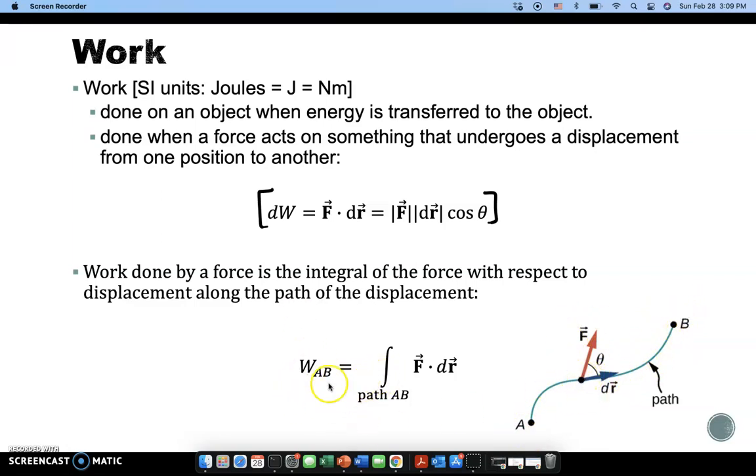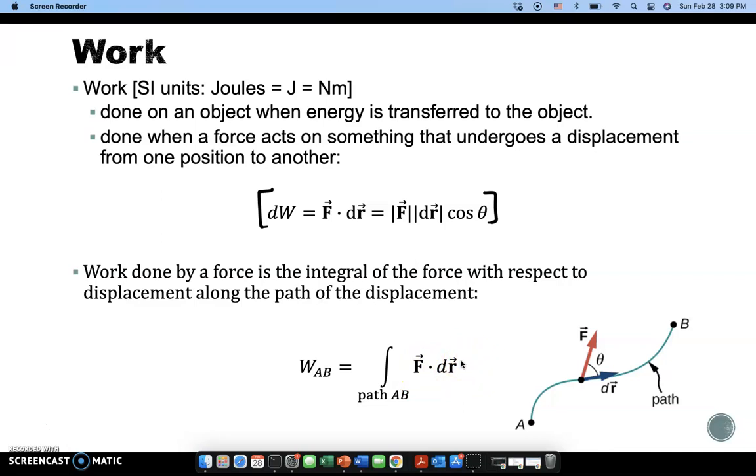The work from A to B is equal to the integral along the path AB of the dot product between the force vector and the displacement vector.